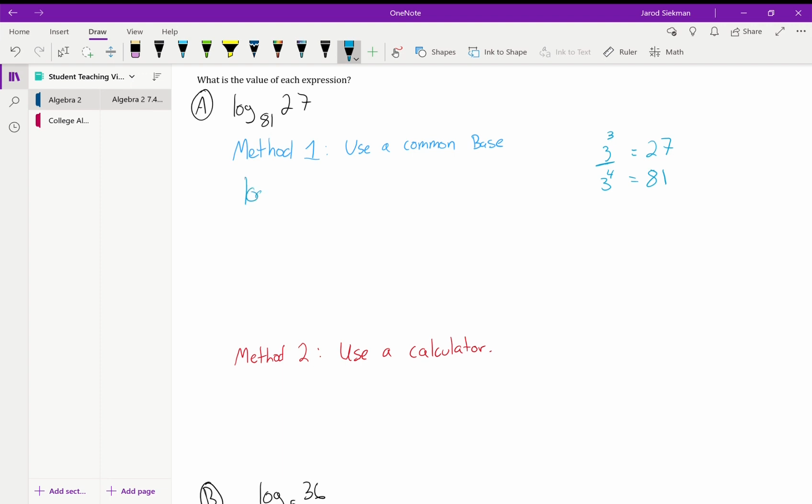So log base 81 of 27 equals log base 3 of 27 over log base 3 of 81. And if we rewrite those as exponents of 3, we get log base 3 of 3 cubed over log base 3 of 3 to the 4th.